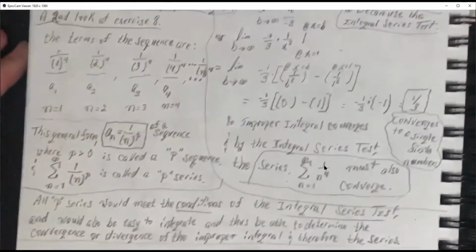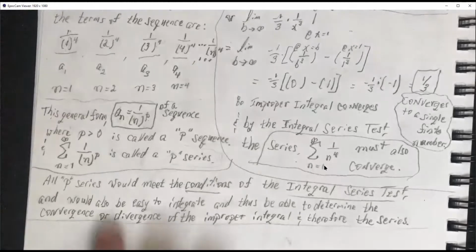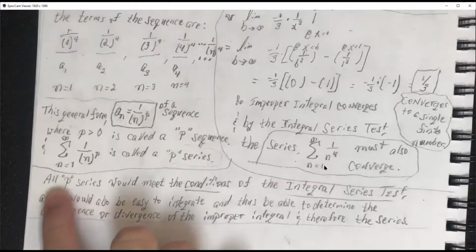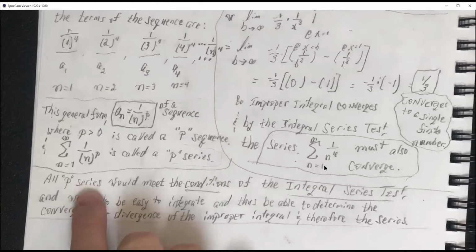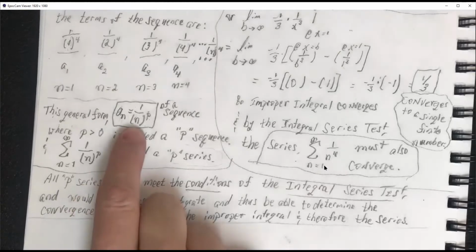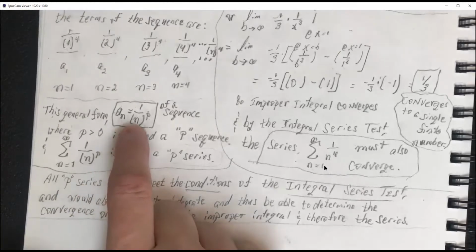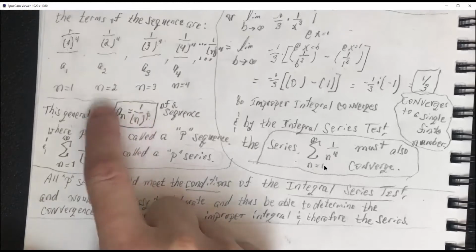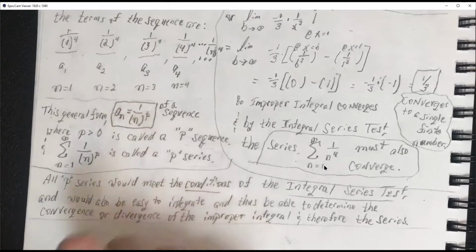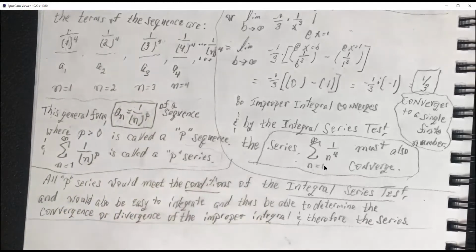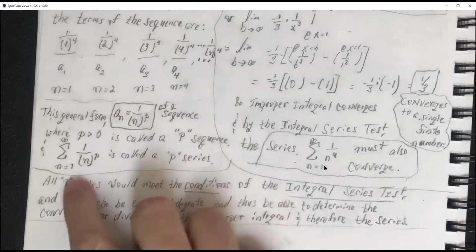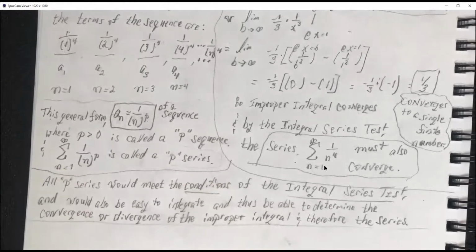But now we can make this connection. All P series, which would be all of this type, and someone asked if it's not a 1 in the numerator, you can move it out in front to make it a 1, which will make it a P sequence, or with the summation symbol, a P series.